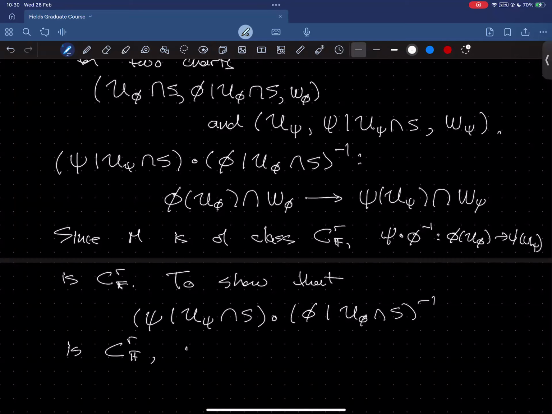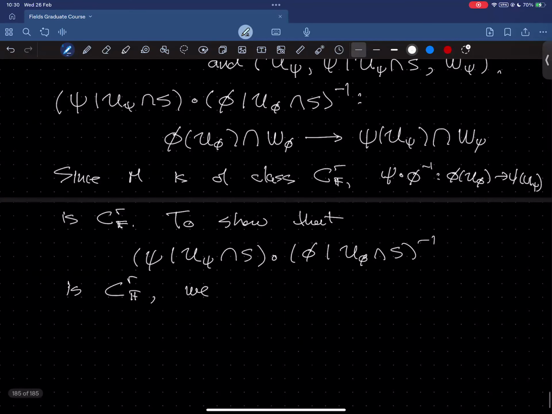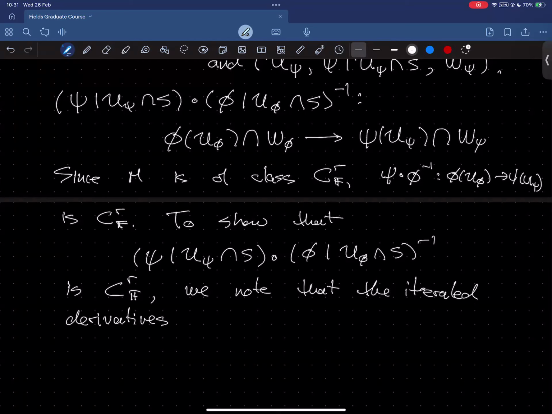We note that these maps, so let me say that the iterated derivatives, and these are the things we defined as DJ.